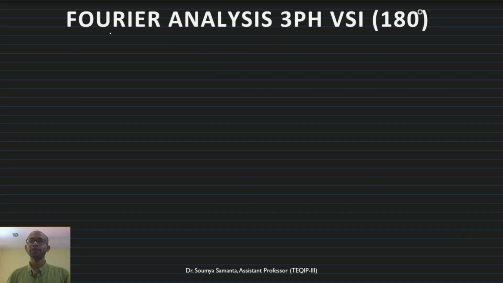So today's topic is Fourier analysis of the three phase VSI. First we will start with the 180-degree mode of operation. In previous lectures I have discussed half wave symmetry and quarter wave symmetry. For the inverter output voltage, especially the single phase inverter output voltage, we found that the waveform possesses both half wave and quarter wave symmetry.